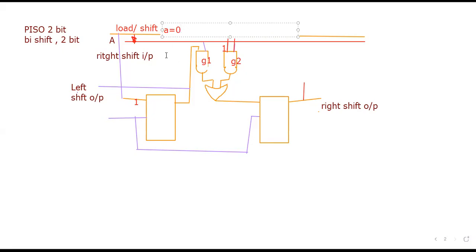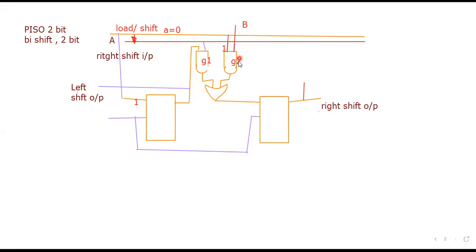So when A is equal to 0, this line would be 1. Here you can see, check over here, when A is 0, this line would be active, G1 would be active. So whatever output available over here would enter into the G1, and through G1 it would go to the next stage. So it is shifting.